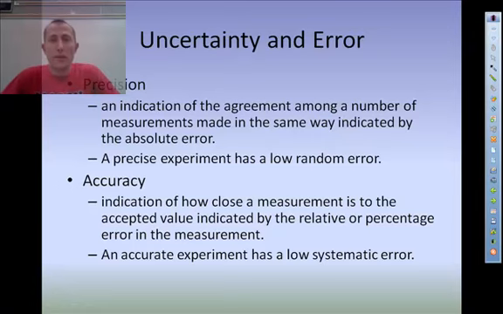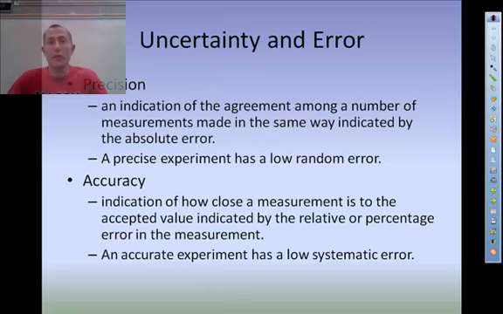Along with our measurement, we need to understand the terms precision and accuracy. The precision of a measurement is how close it is to your other measurements. Are all of your measurements similar in value for a specific trial? If the precision is high, the random error is low, and vice versa.